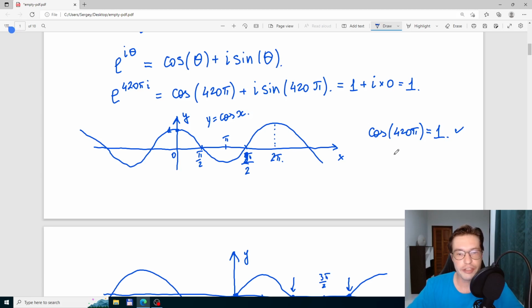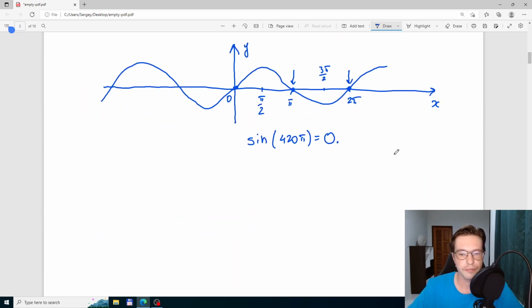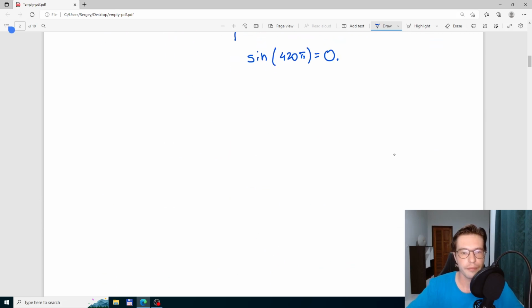Okay, so now let's try to combine all of this together. We started from e to the power of 420 pi I to the power of 69 minus 1.